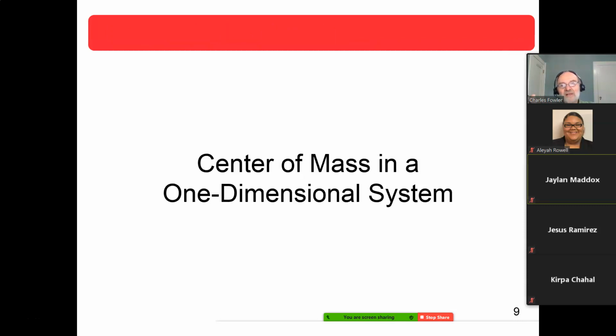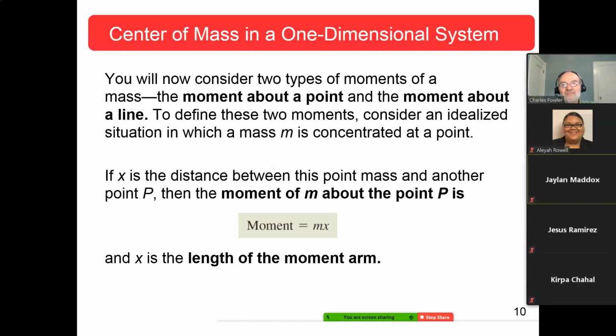So now let's talk about center of mass in a one-dimensional system. All you're doing is moving along, say, an axis, say the x-axis, just to have an axis. You'll now consider two types of moments of mass: the moment about a point and the moment about a line.